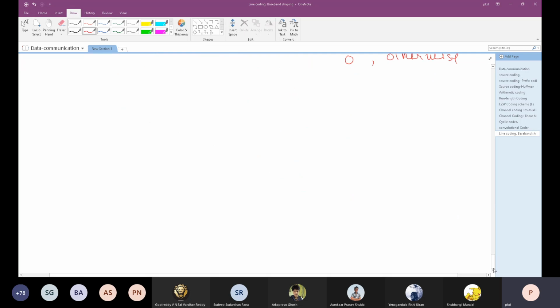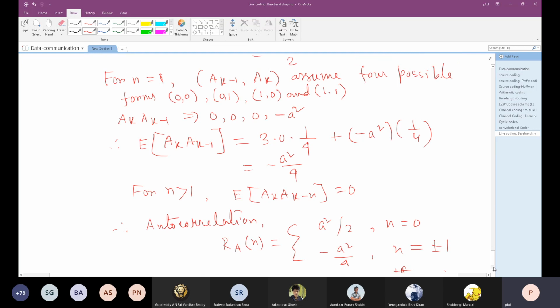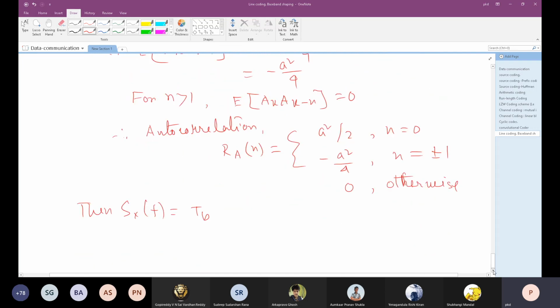Now then SX(f) would be equal to, corresponding to this, first term is A square by 2.